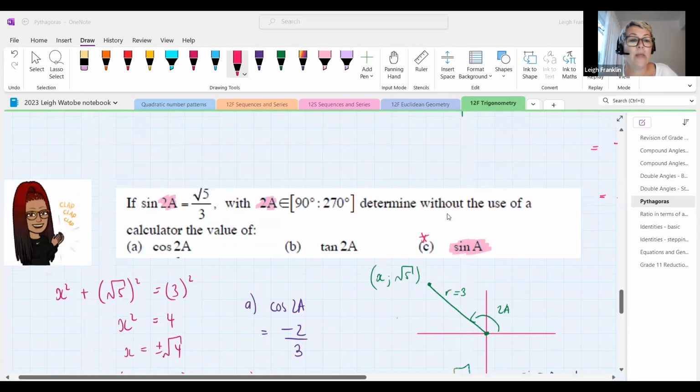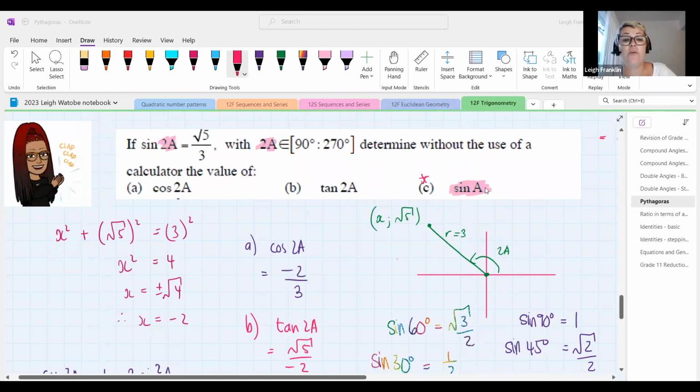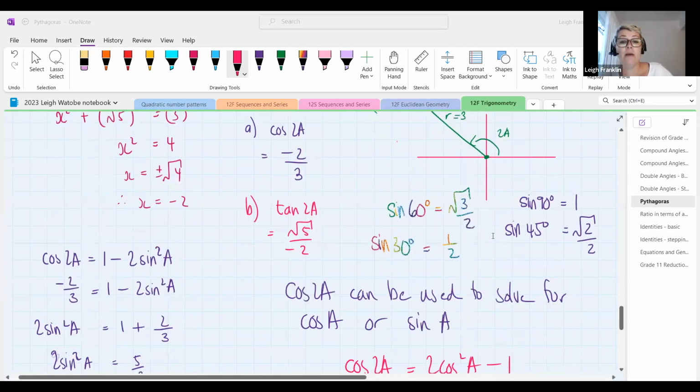We were working in terms of 2a, and the question asked us for sine A. We spoke about why dividing our ratio by 2 doesn't work, which is a common mistake. That's because when we're working with a sine graph, we're working along a curve. So half of the sine of 60 is not the same as the sine of 30. Halving the angle is not the same as halving the ratio.